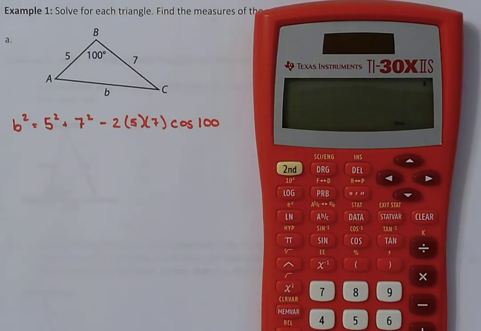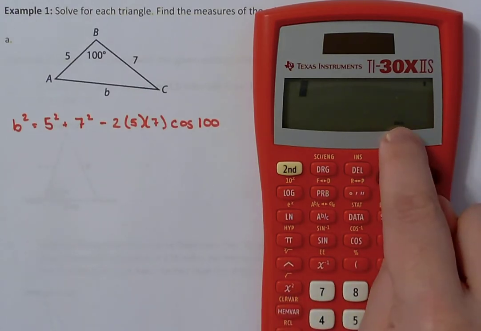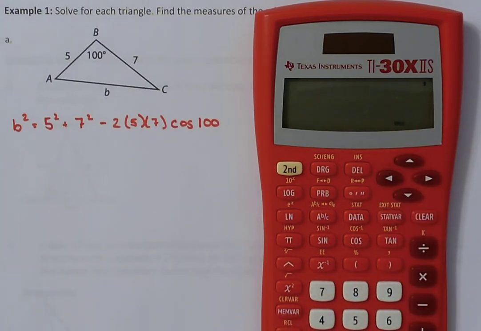Please make sure that your calculator is in degree mode. Either see if DEG is indicated on your calculator, or go to mode, or wherever you have to on your calculator, and make sure that you're in degree mode. If you are in degree mode for 14.1 and your calculator hasn't reset overnight, then you will be in degree mode. So let's go through and calculate this.